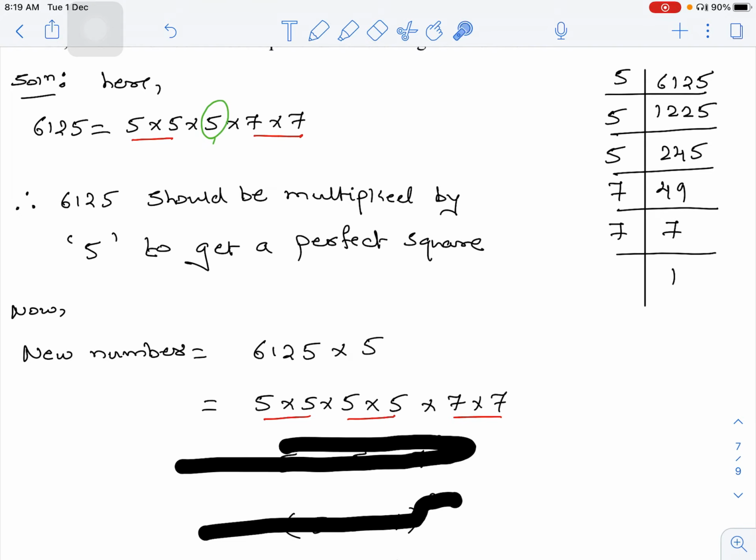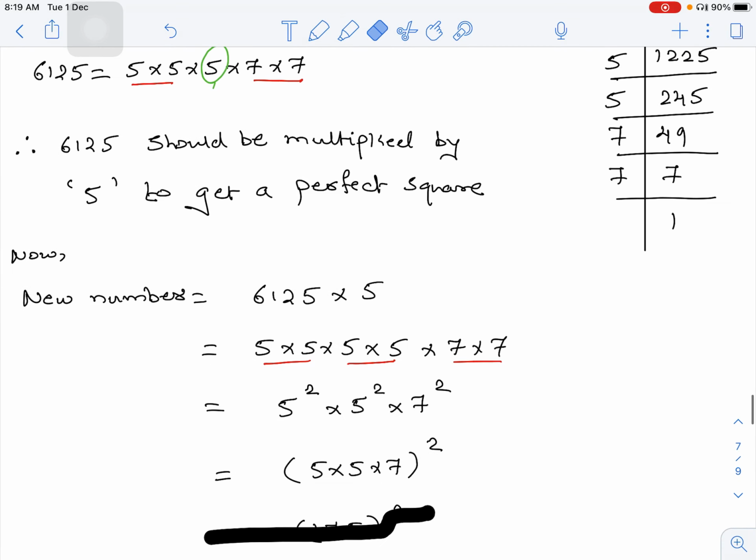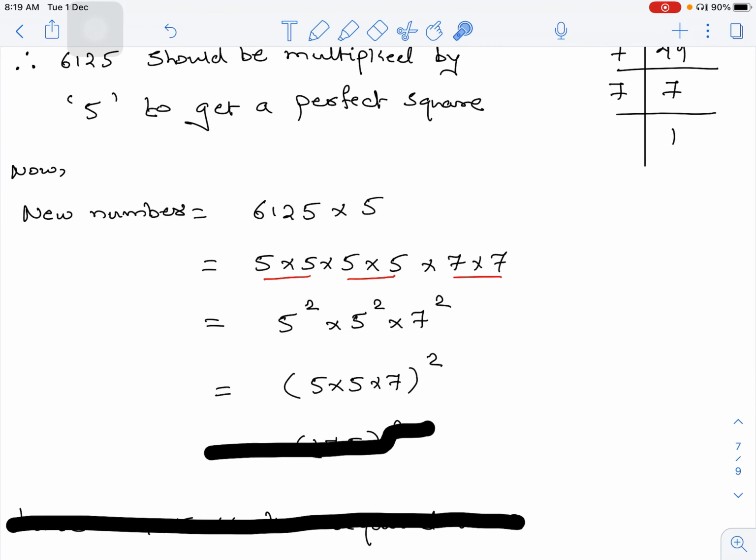Now write all these numbers in square form. This 5 into 5 can be written as 5 squared, this 5 into 5 can be written as 5 squared, and this 7 into 7 can be written as 7 squared. Since all the numbers have the same power, we can multiply the bases. So in the next step we get 5 into 5 into 7, all raised to 2.